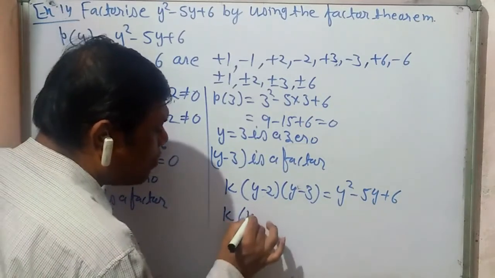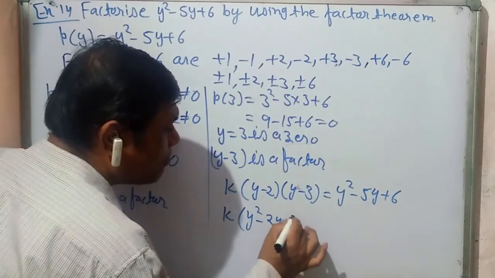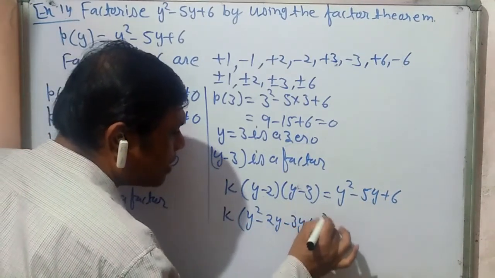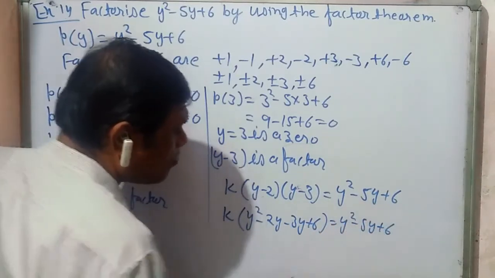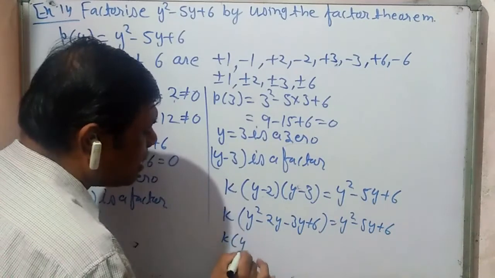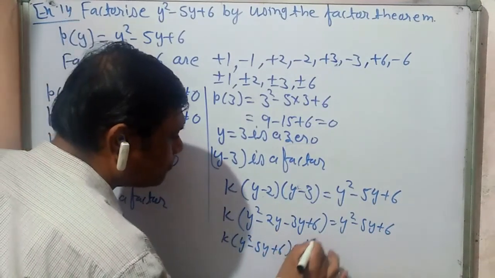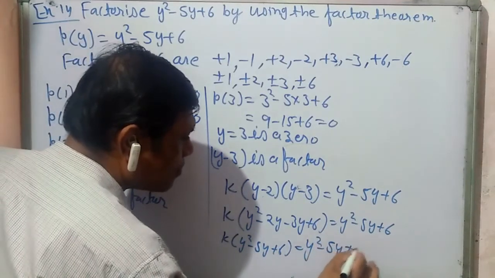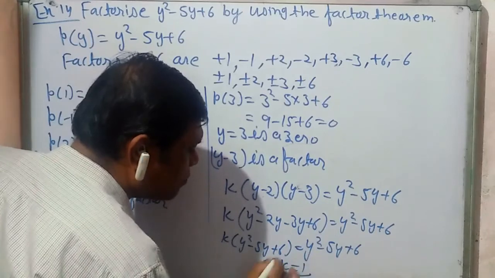Multiply them, what we get is y square minus 2y minus 3y plus 6. Are we getting the same y square minus 5y plus 6? This implies k is 1.